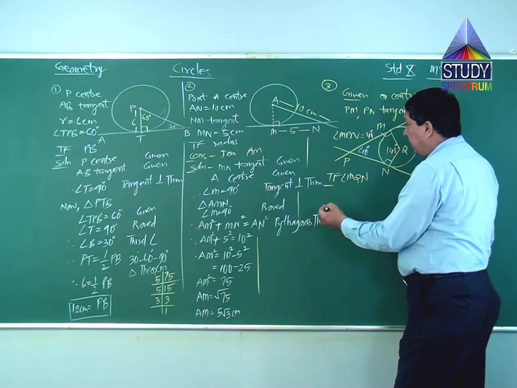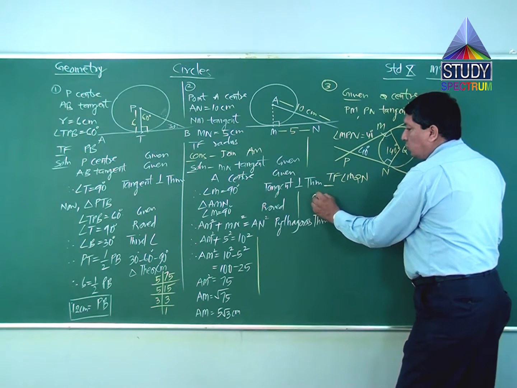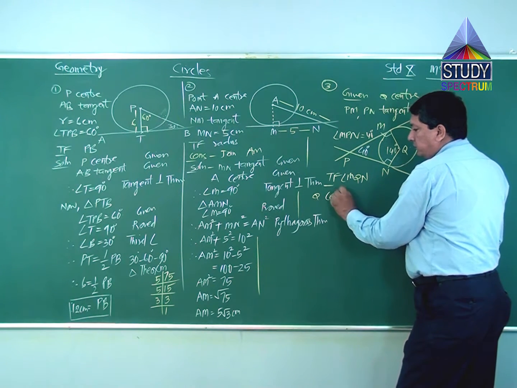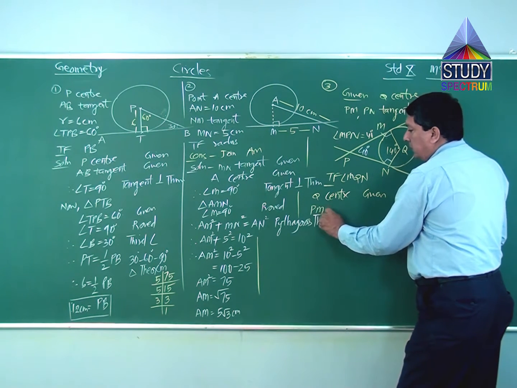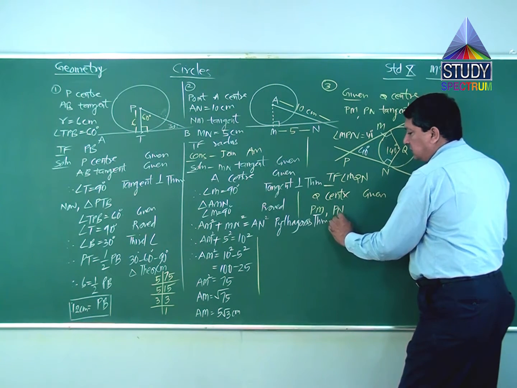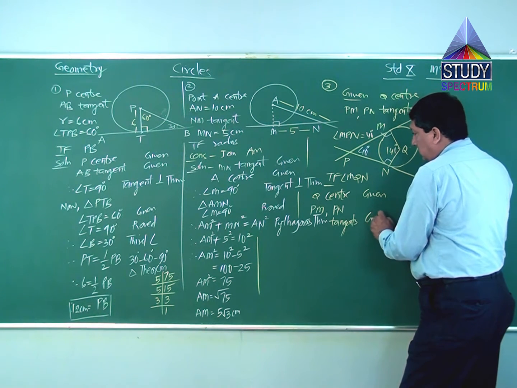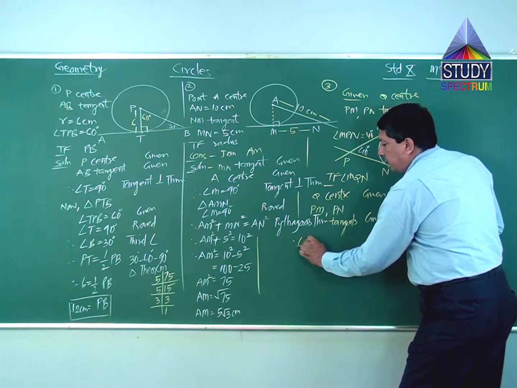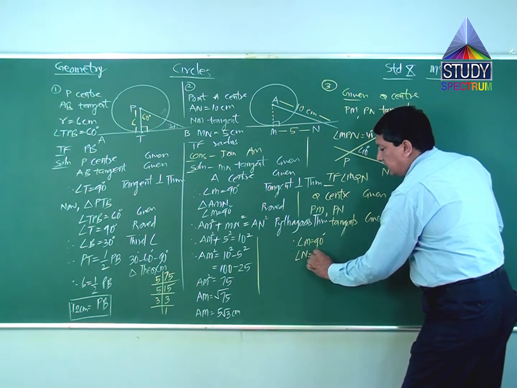So just see how I'm writing this now. I'll write this down this way. Q center given. PM, PN tangents. This is also given to us. Therefore, angle M equals to 90 degree. Angle N equals to 90 degree.